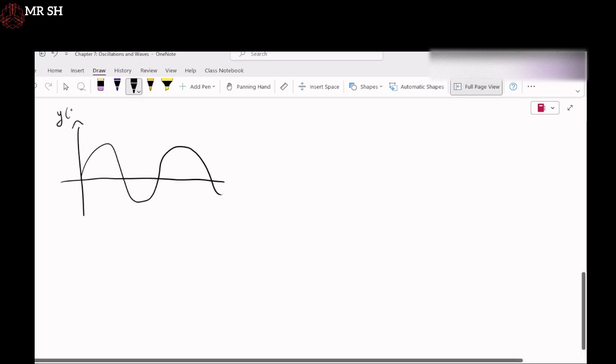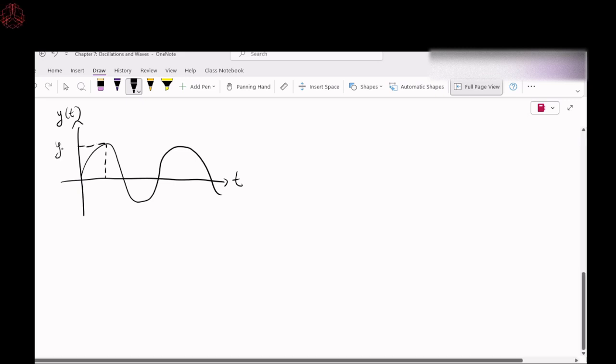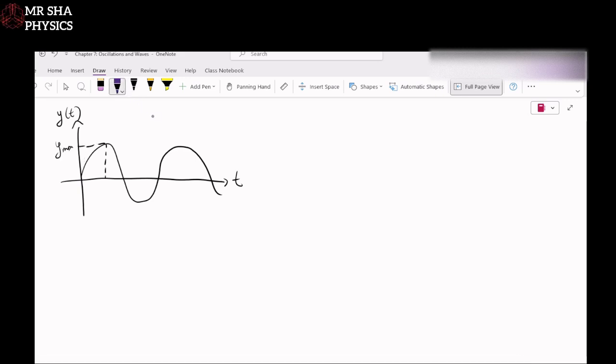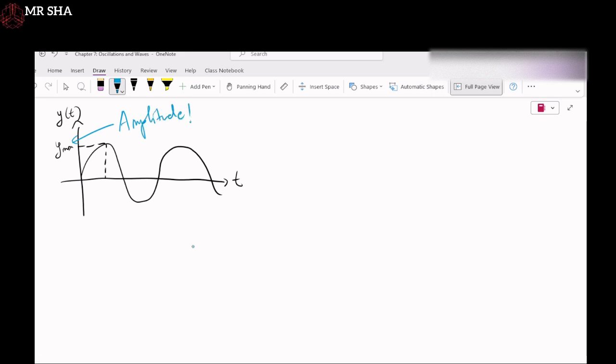We will have y as a function of t, then we have t over here. Y max is basically just the maximum displacement here, and we have a special name for it. This is what we call amplitude.